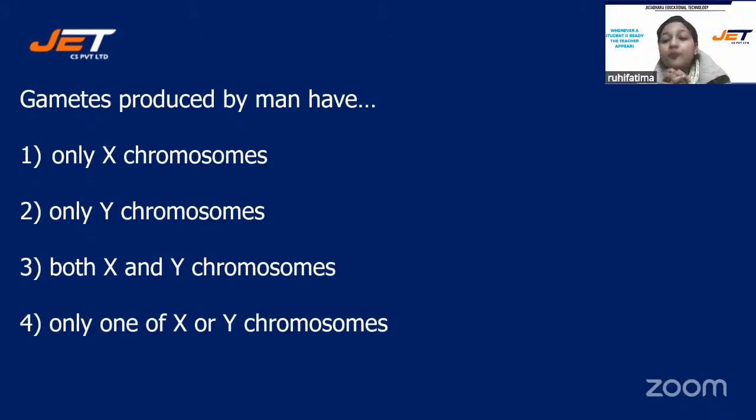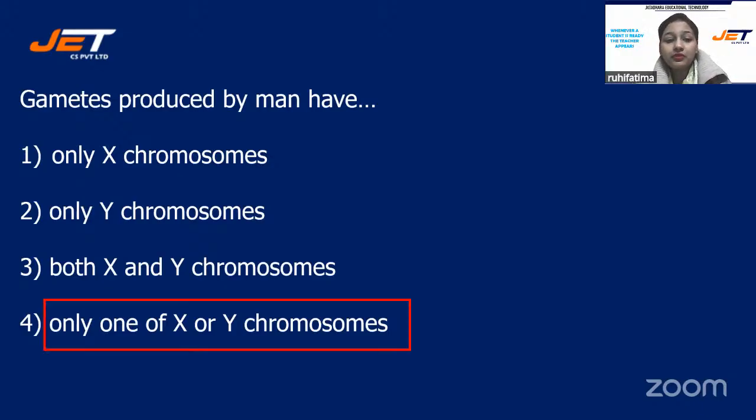Just same as the previous question, only the term has been changed. Female or woman was there in the previous question, and in this question we have man. All right. Maximum of you are saying option number two, only Y chromosome.